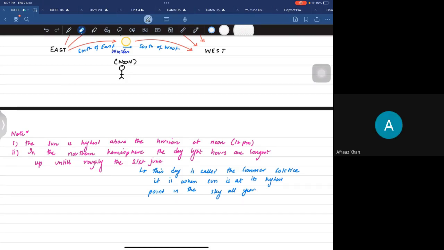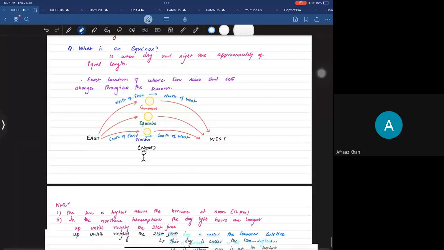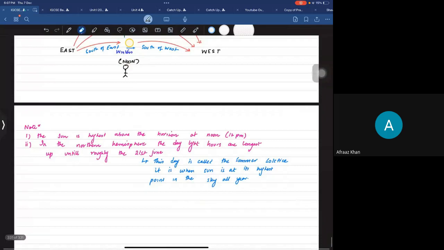Which means it's like here, see here, above you. Do you get it? It means at this point, it will be the longest day in the whole year. You get it? About 21st June it is.